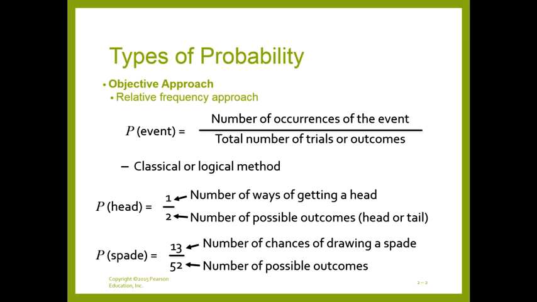Or flipping a coin with a head and a tail, the chance is 50-50 that you're going to get either one of those two sides, 50-50 that you'll get a head, 50-50 that you'll get a tail. So that is one way to take a look at probability, either how much you actually do observe something happening or how much you can logically figure out that it could happen.